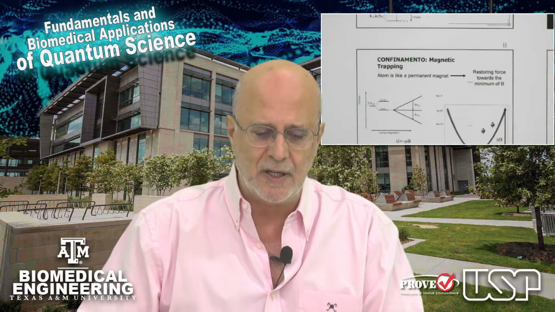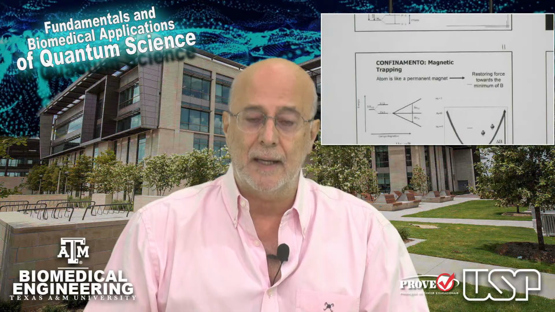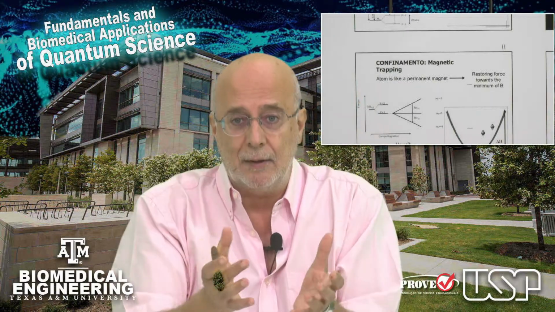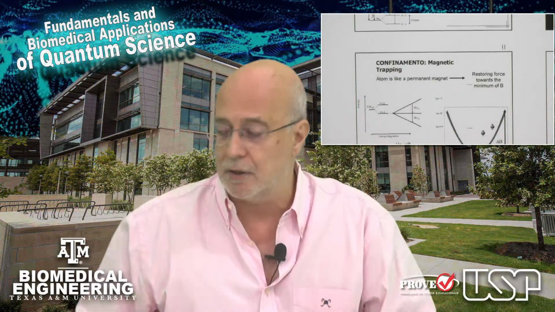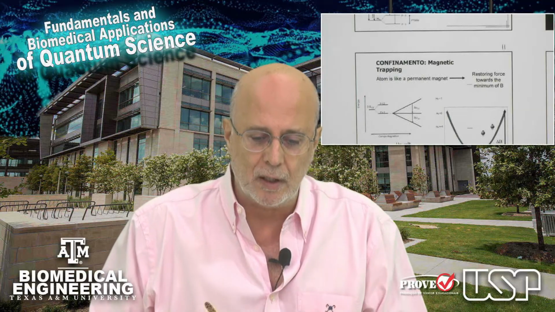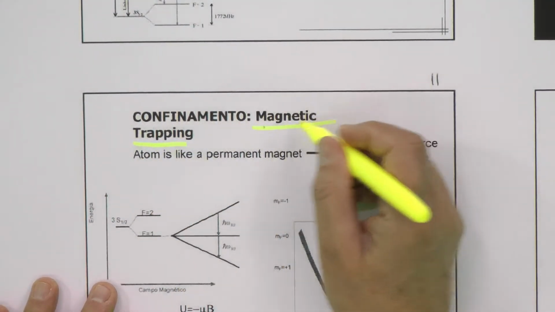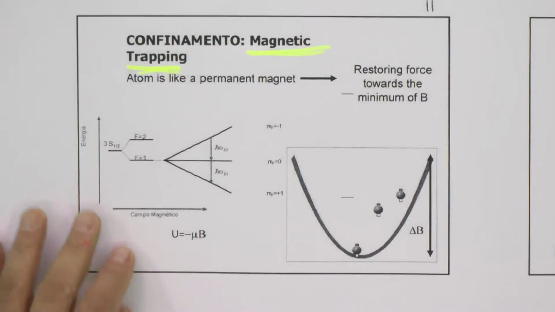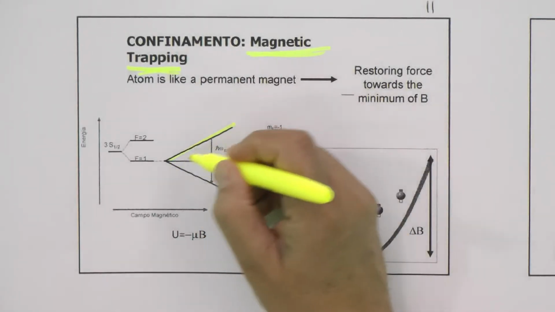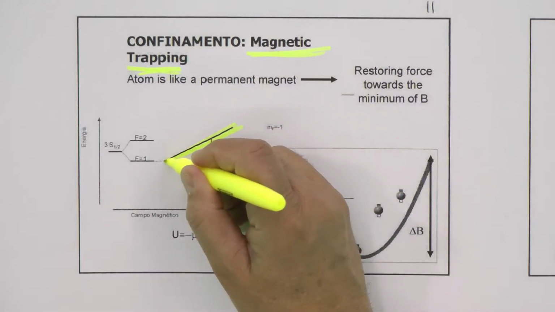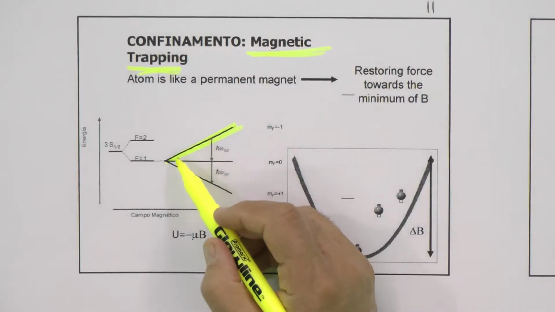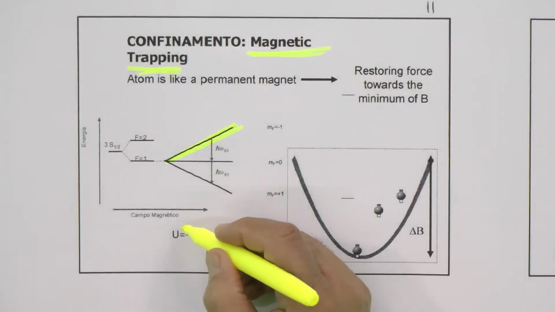Well, once the atoms are there, and I want to produce a kind of confinement to see the wave function, right? We turn on a magnetic field, and we produce what they call a magnetic trap. Again, because the atoms are like tiny little magnets, the energy grows with the applied field.